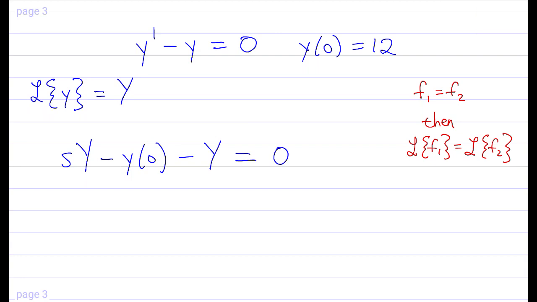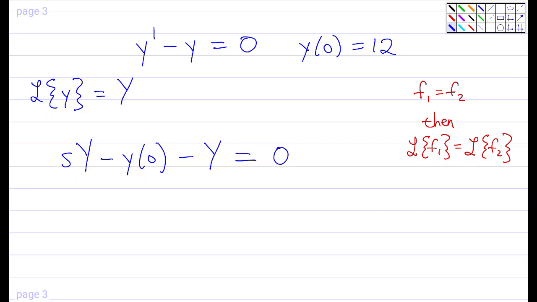That's pretty amazing. We converted a differential equation into a polynomial. Right? y of 0 is a number, and big Y is some function, all in the letter s. That's the independent variable for the Laplace transform function. Let's solve for the Laplace transform.